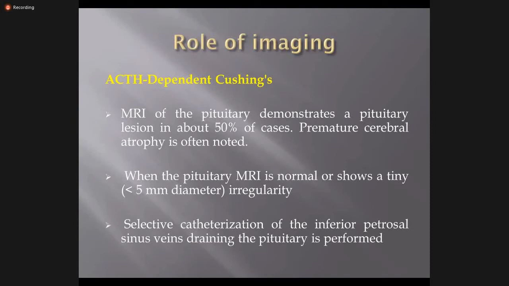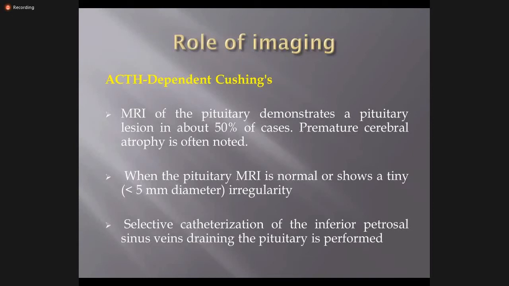Now the imaging. We established the diagnosis: first is screening, then diagnosis, then we go to imaging to localize the source of the tumor. First is MRI of the pituitary, which demonstrates a pituitary lesion in 50% of the cases.